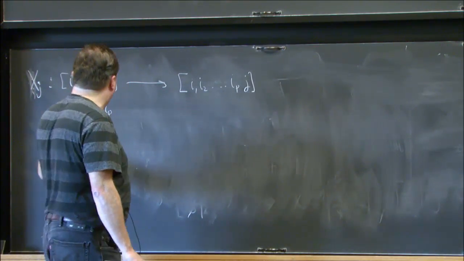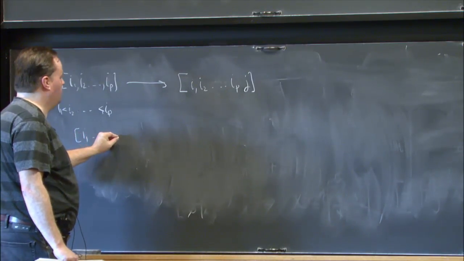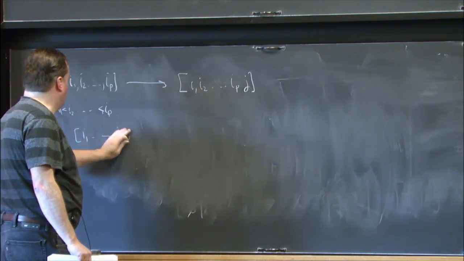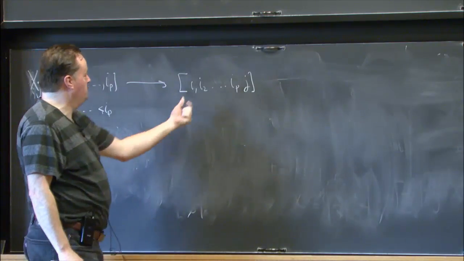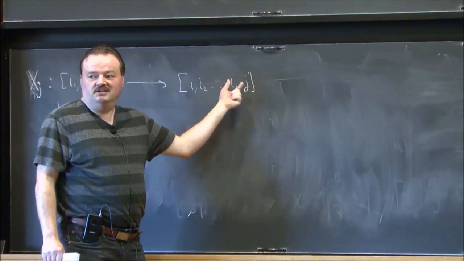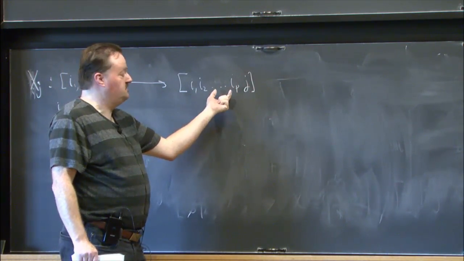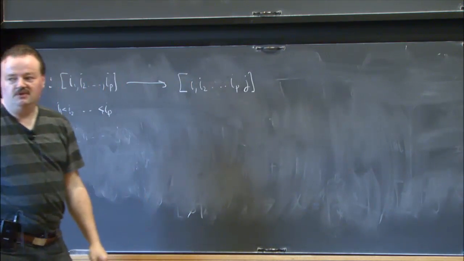But here we have the convention that if you switch two entries, you switch sign, and if two entries are the same, then this thing is just 0.